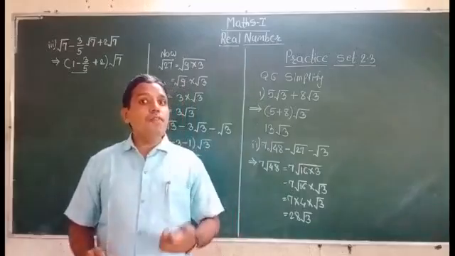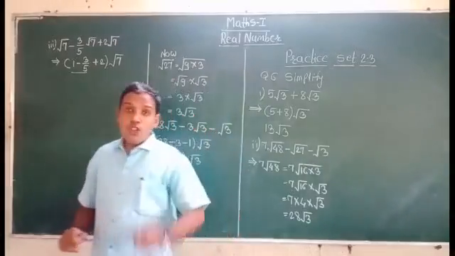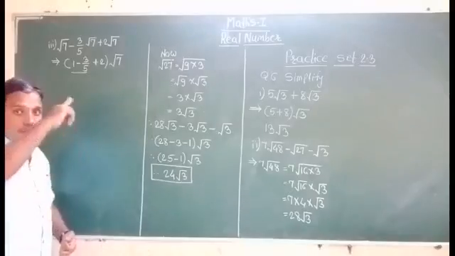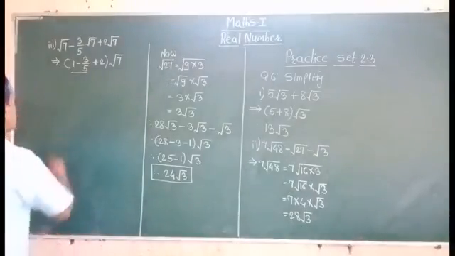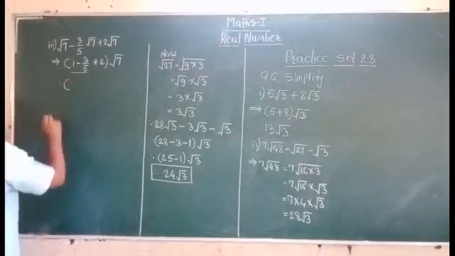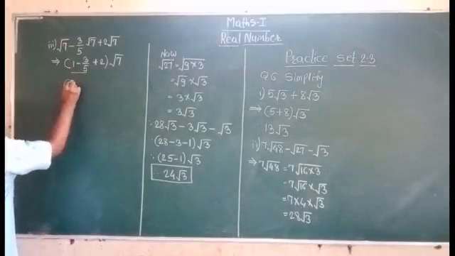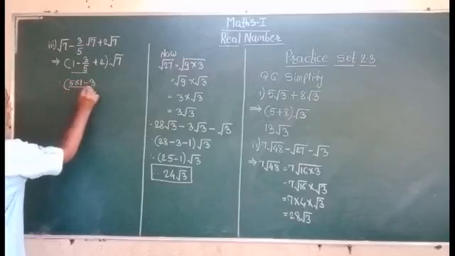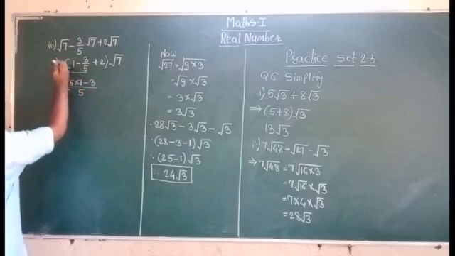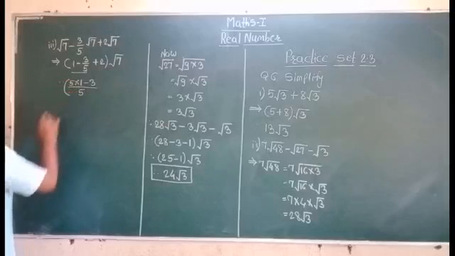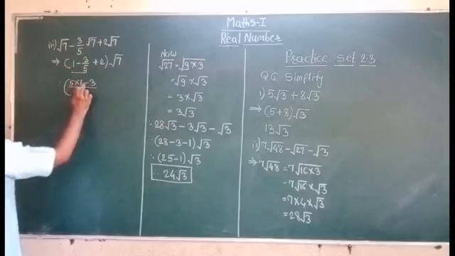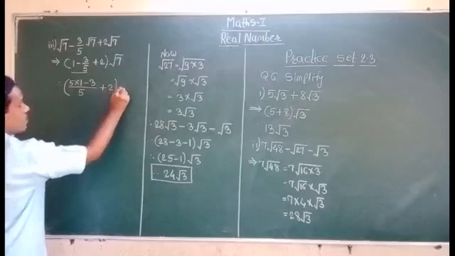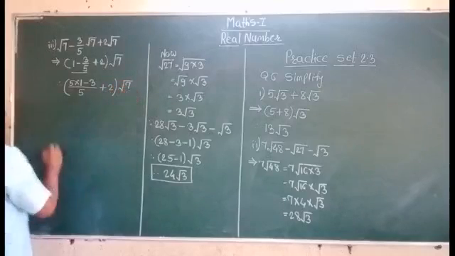So first of all we get the denominators the same. You are 9th standard students, so directly we get the denominators the same by taking the cross multiplication. In brackets, we get the cross multiplication: 5 into 1 minus 3, and the denominator is 5 plus 2 bracket complete surds 7.